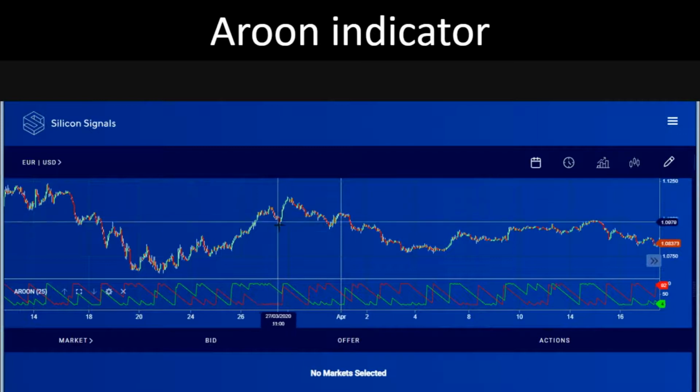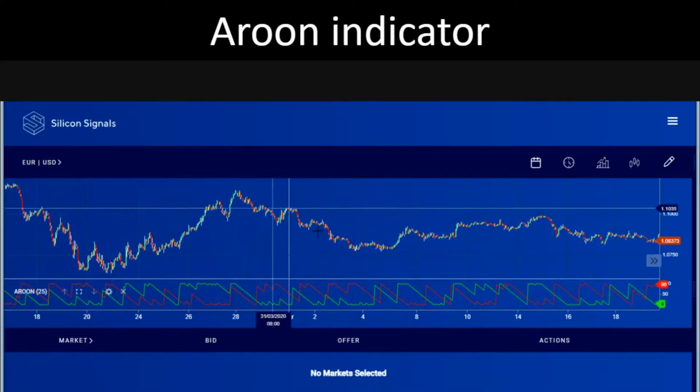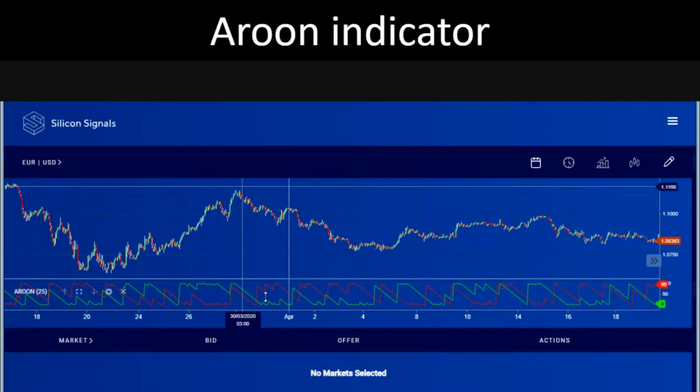Then the market moves down and makes another higher high, and you can see the up line just about kicks in and stays above the Aroon down line through that period. Then over here we've got a period in which the market's moving lower, and this is interesting because eventually we get a signal when the market breaks here.